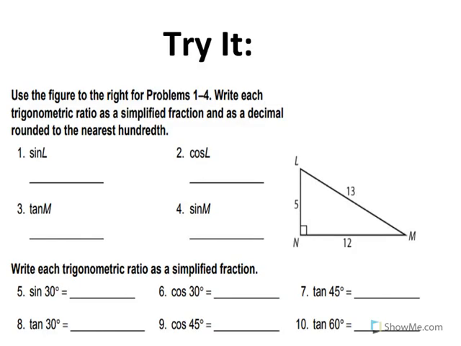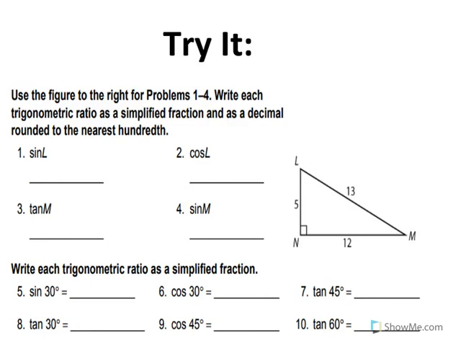Okay, so then here, use the figure to the right for problems 1 through 4. Write each trigonometric ratio as a simplified fraction and as a decimal rounded to the nearest hundredth.